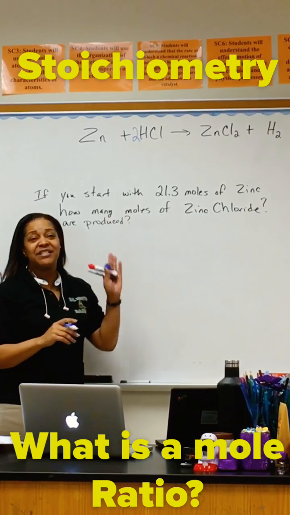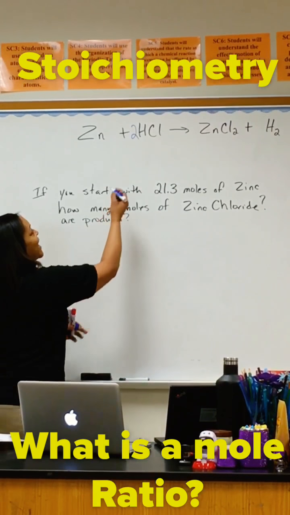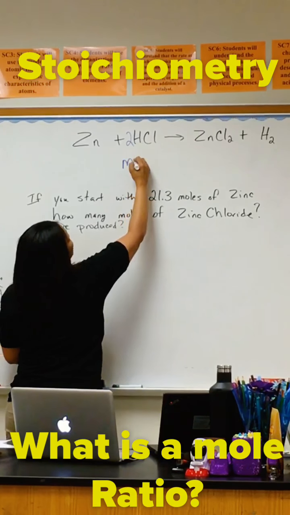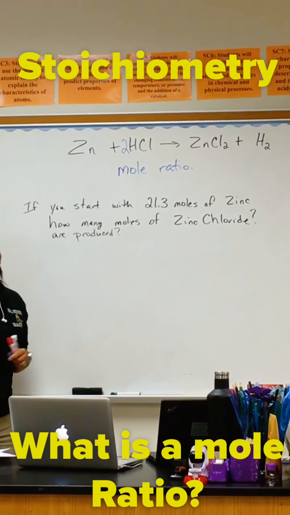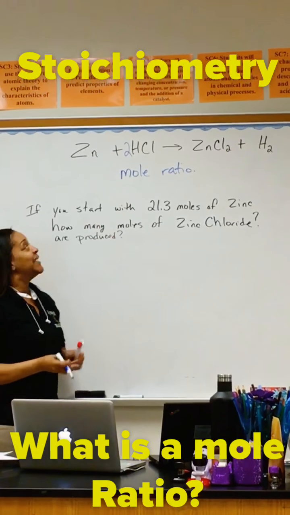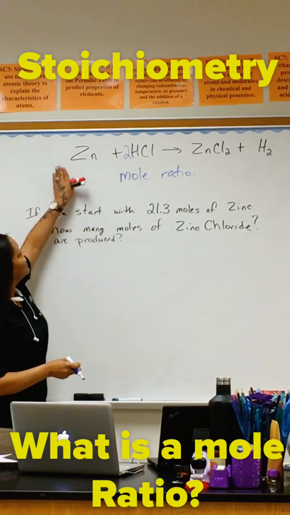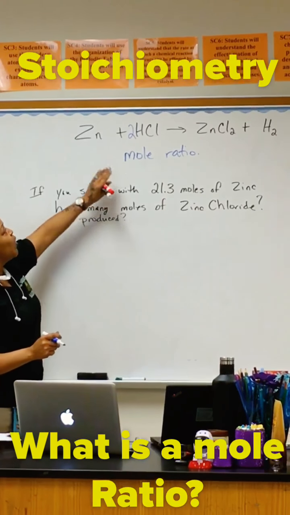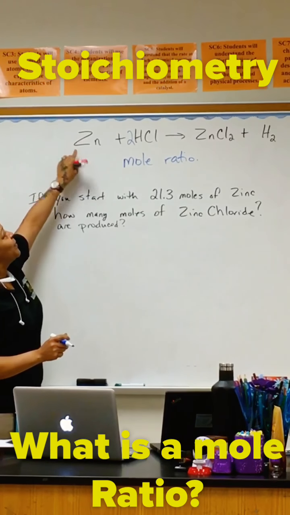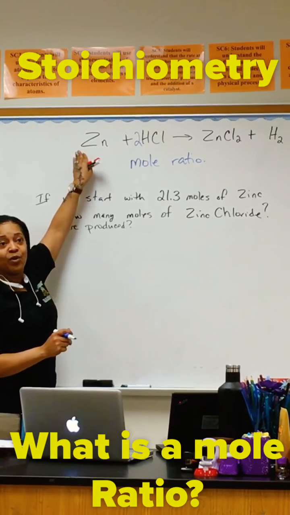Now what you need from this balanced chemical equation is actually the mole ratio. Okay, the mole ratio. And the mole ratio is simply the number of coefficient that's in front of the reactant or the product. So the moles that I have of zinc would be 1 mole because there is a coefficient we know here of 1.